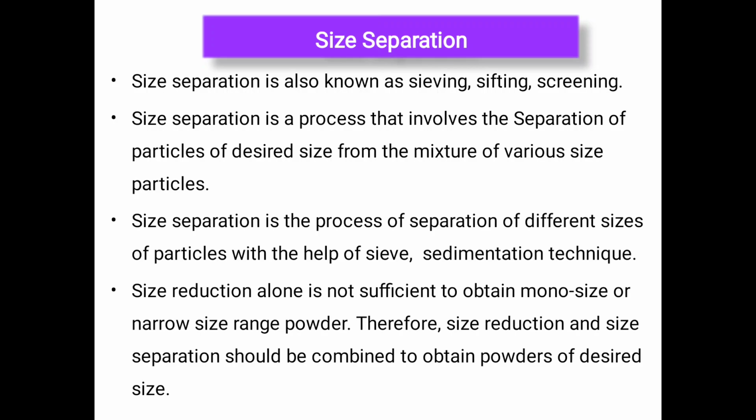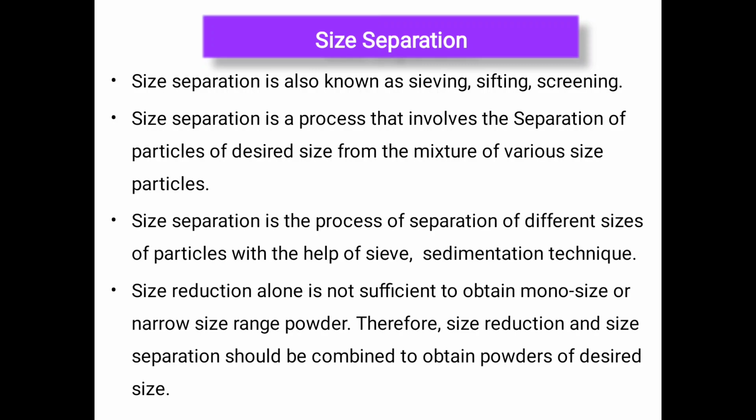Next, size separation. Size separation is also known as sieving, sifting and screening. Size separation is a process that involves the separation of particles of desired size from the mixture of various size particles. We get uniform size by passing drug material through the various sieves.